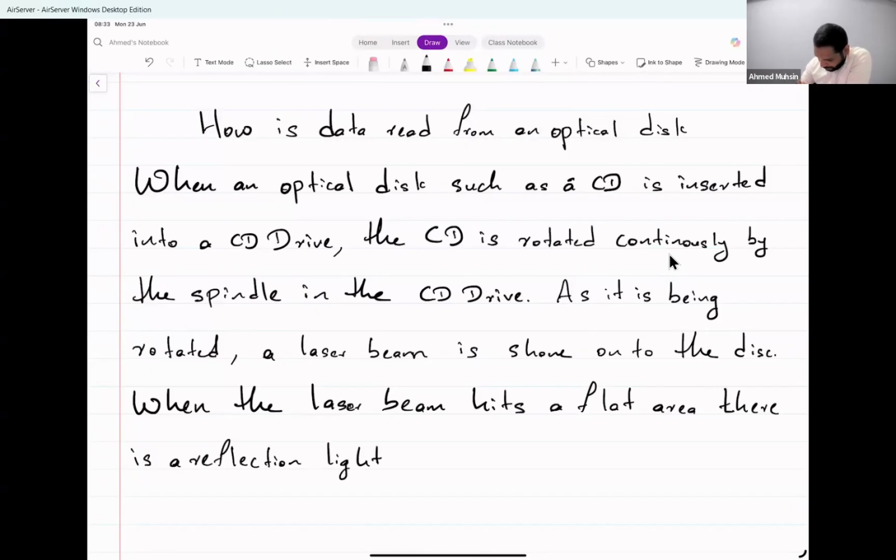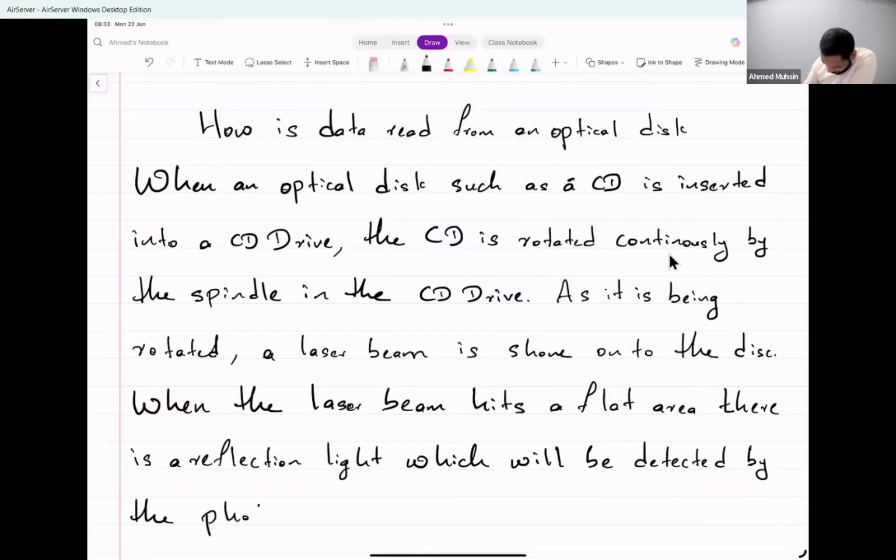There is a reflection of light which will be detected by the photoelectric cell. Are we okay with this?